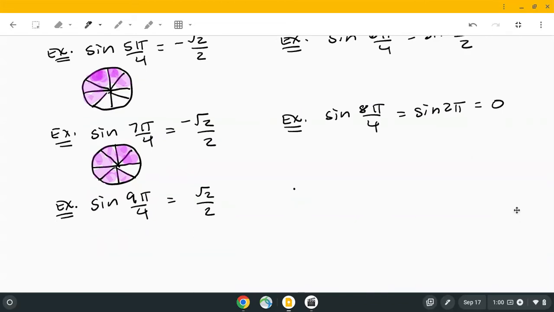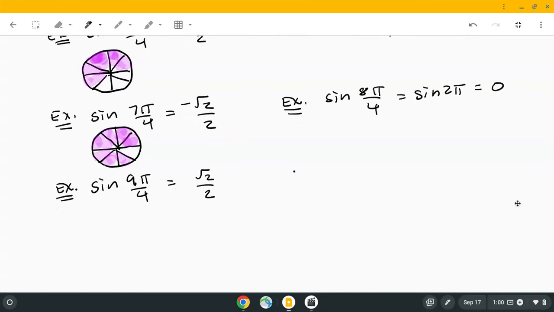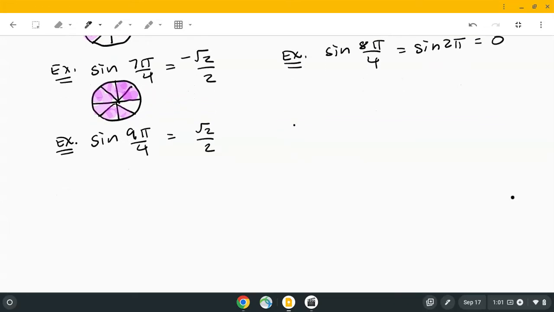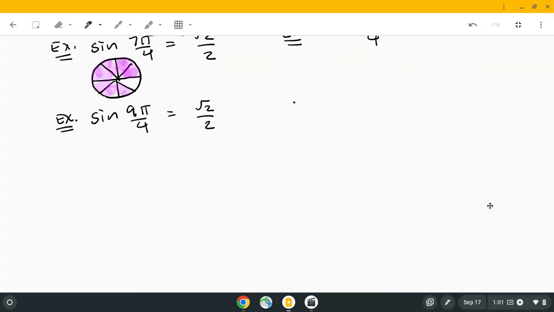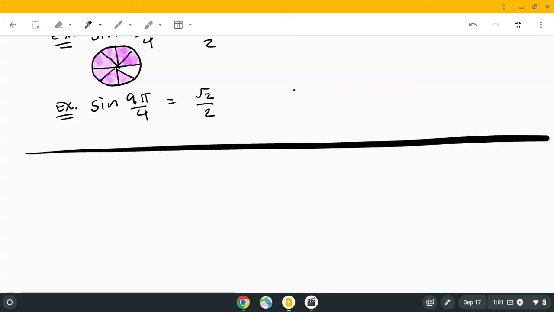Okay, let's see. The same thing can be said about pi over 6 and pi over 3. So let's just try a few of those. Let's do some random ones. We won't go in order.